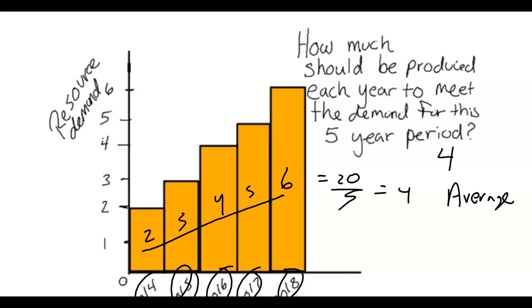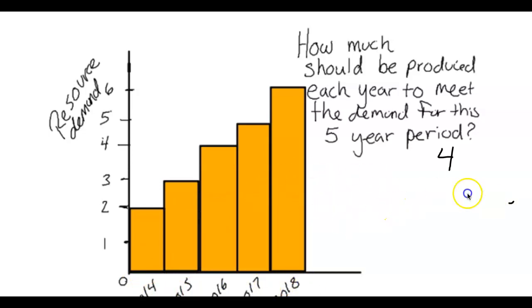Now, I want to share with you guys something here. It's the average of the y values, but what I want to share with you is that there's something kind of significant about that. If I draw a horizontal line right here at 4, my average amount, do you guys notice something interesting about the amount that is above the line and the amount that is missing below the line?